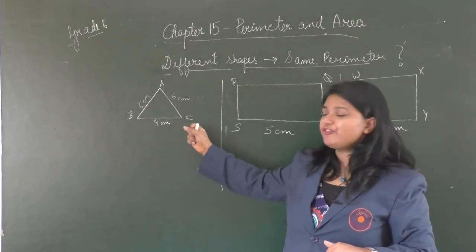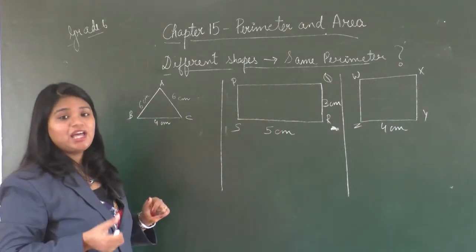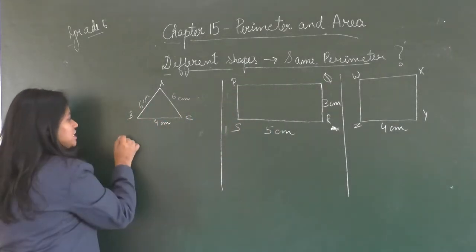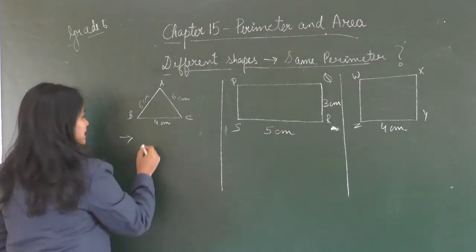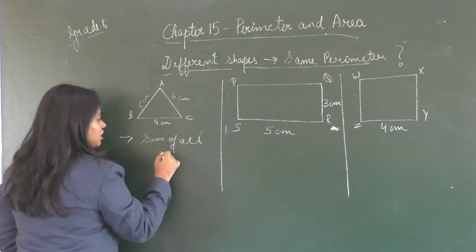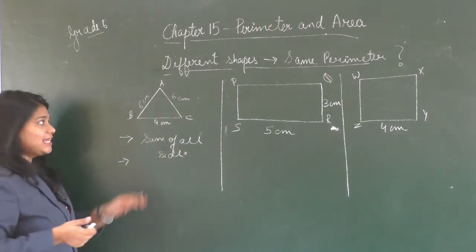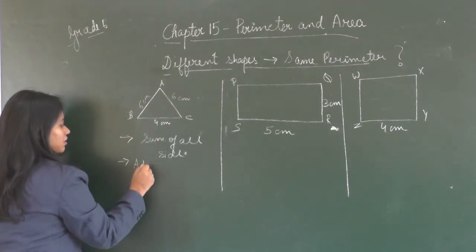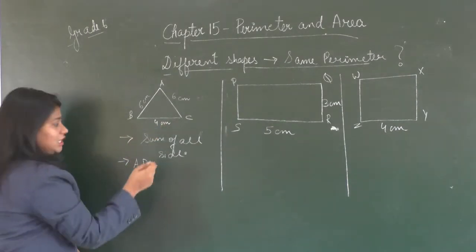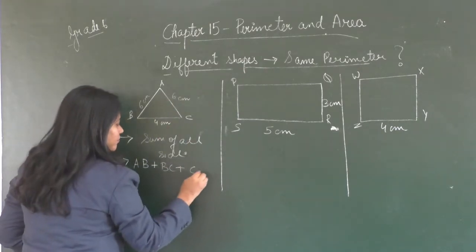So for a triangle, here we have the measurements for all the sides and we know the perimeter of a triangle is sum of all sides, right? So I'll write sum of all sides. So here the sides are AB plus BC plus CA.